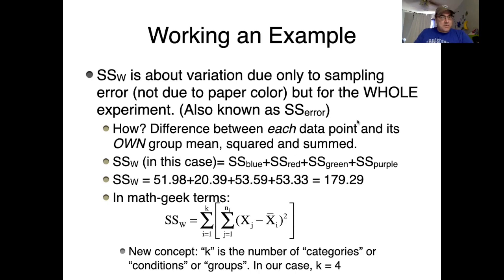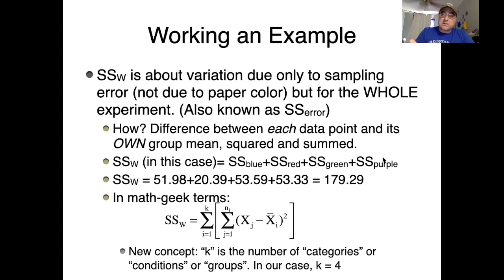But we've done this before. What we're really doing is the first part of a standard deviation calculation, but we're just doing it for each one of the four groups. You know how to get a sum of squares. You've had to do it again and again as we've gone through this class. So just do it.